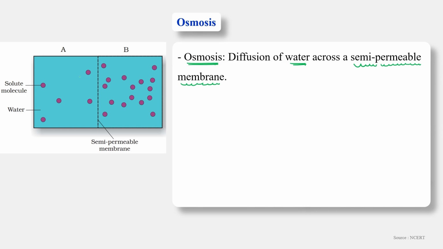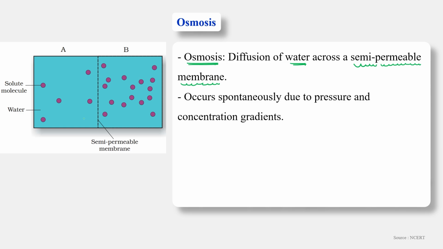As there are two sections with a semi-permeable membrane, here these are the solute molecules, and this is water. Movement of water across a semi-permeable membrane is known as osmosis, and this occurs spontaneously due to pressure or concentration gradient.